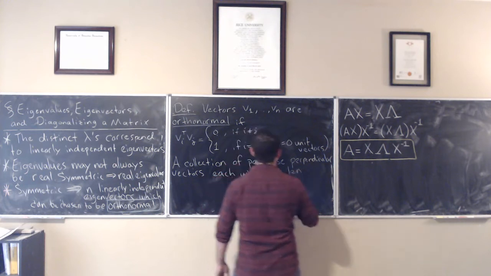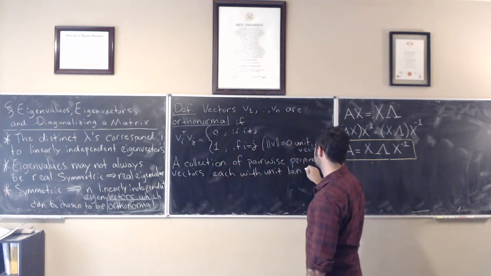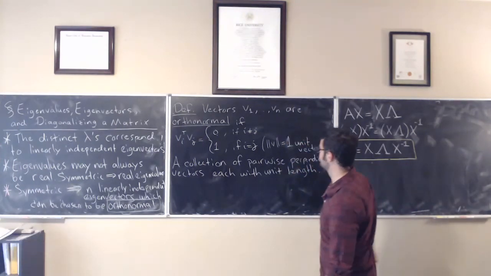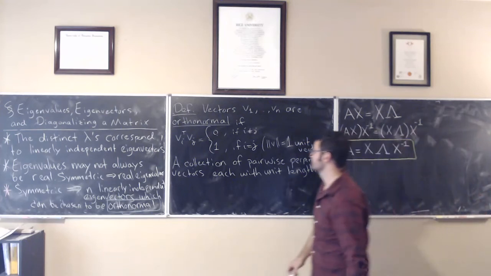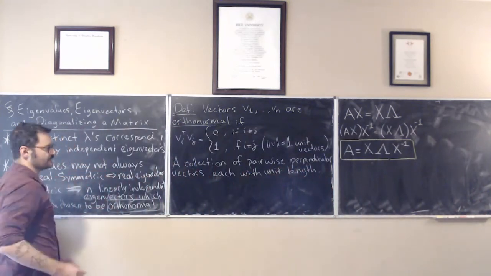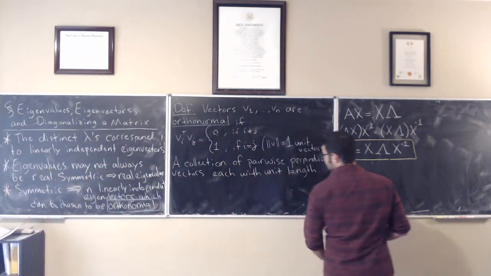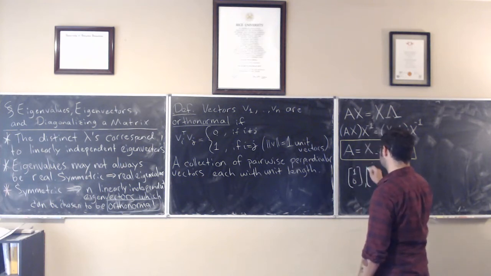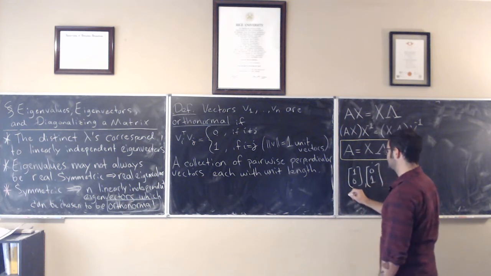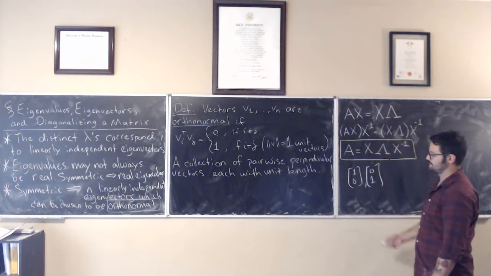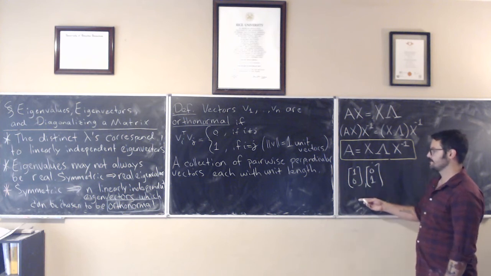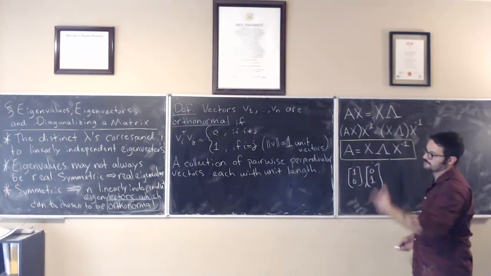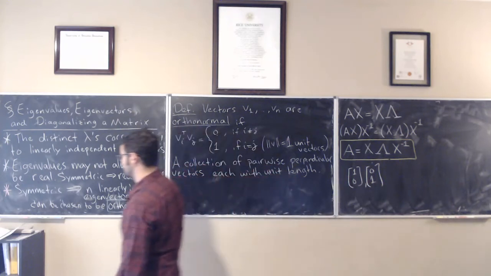That's what a collection of orthonormal vectors is. Oh, that should be a 1. So for example, this collection is a collection of orthonormal vectors. These are orthogonal, they're right angles to each other, their inner product is 0, and they both have unit length.